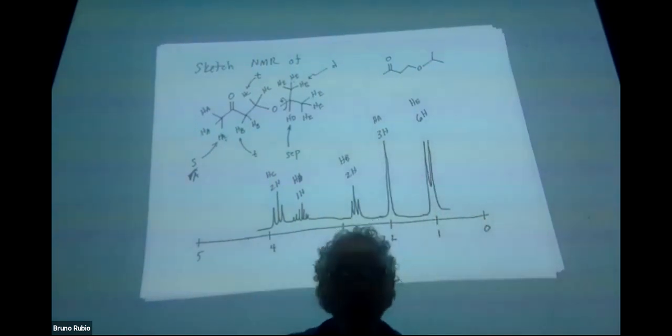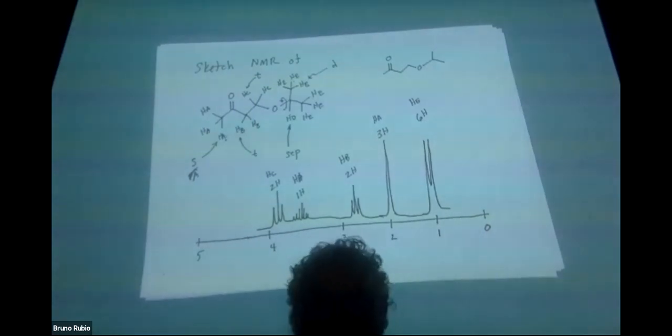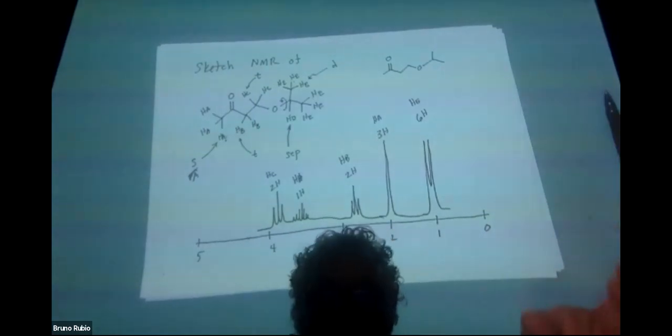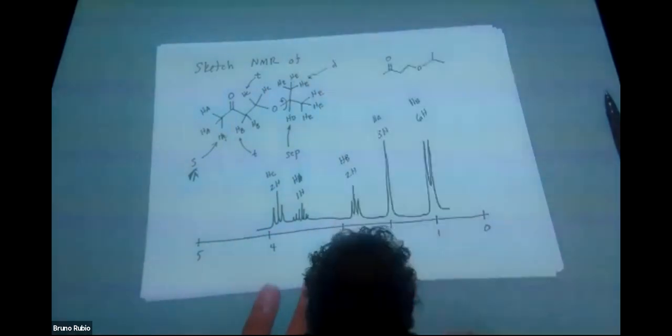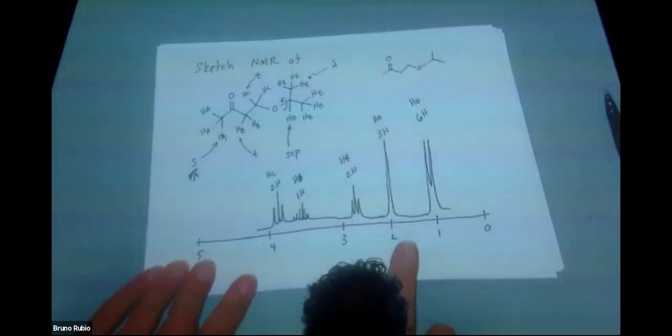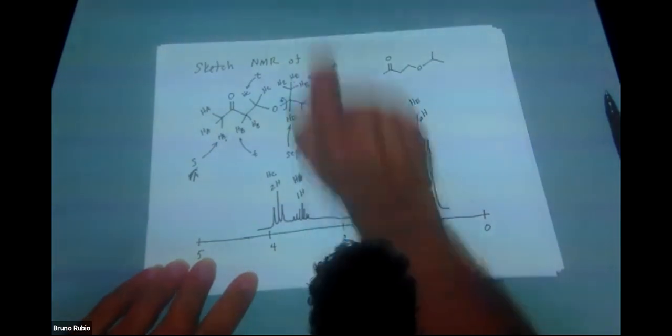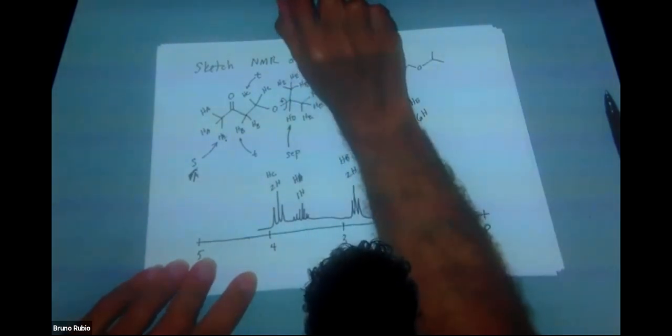All right, so there's the sketch of our spectrum. All right, so now let's look at the actual spectrum and see how we did. Okay, so memorize this, right? Memorize this. Triplet, septet, triplet, singlet, doublet. So I think I have the actual spectrum here somewhere. Hope so.